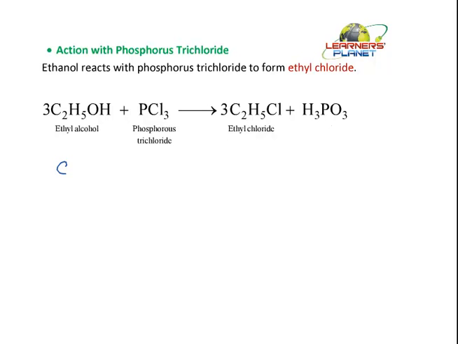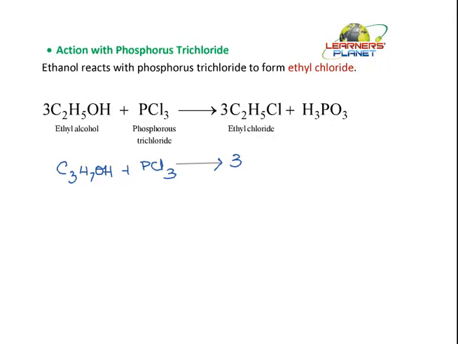Say I'm taking another alcohol here, C3H7OH. And if I am treating this with PCl3, what would be my products? The hydroxyl of alcohol will be replaced by chlorine.